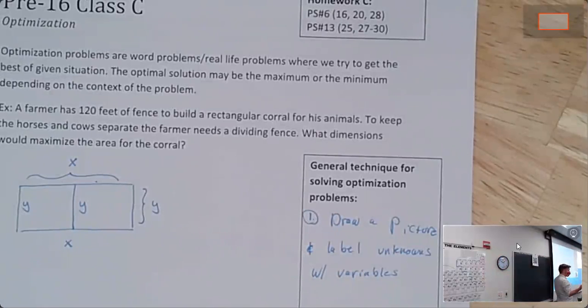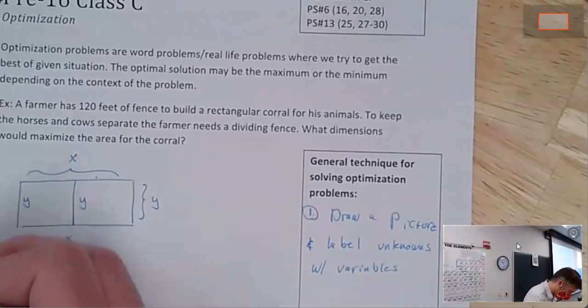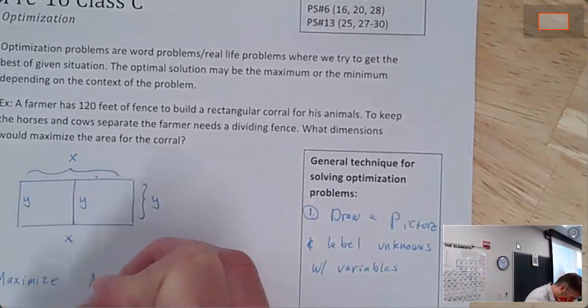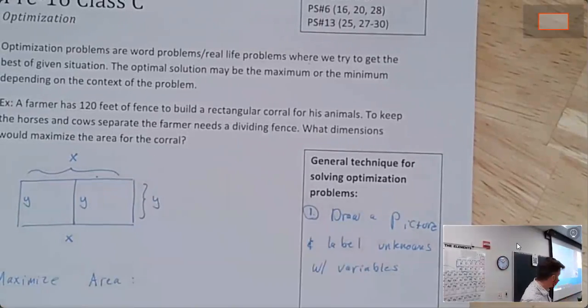So what's the thing I'm actually trying to maximize? The area, right? I want the most area. That's at least what the problem says, right? 120 feet of fence, keep the horses and cows separate. What dimensions would maximize the area? So that's what I'm trying to do. I want to maximize area. So what I really want is an equation for the area.